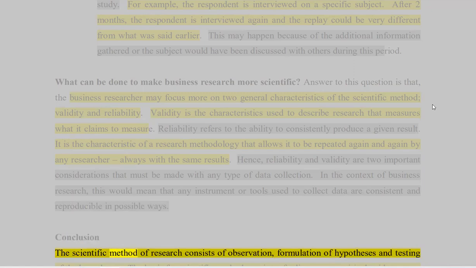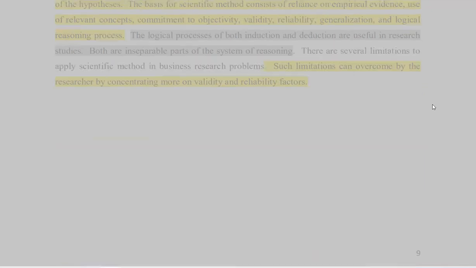Conclusion: the scientific method of research consists of observation, formulation of hypotheses, and testing of the hypotheses. The basis for the scientific method consists of reliance on empirical evidence, use of relevant concepts, commitment to objectivity, validity, reliability, generalization, and a logical reasoning process.